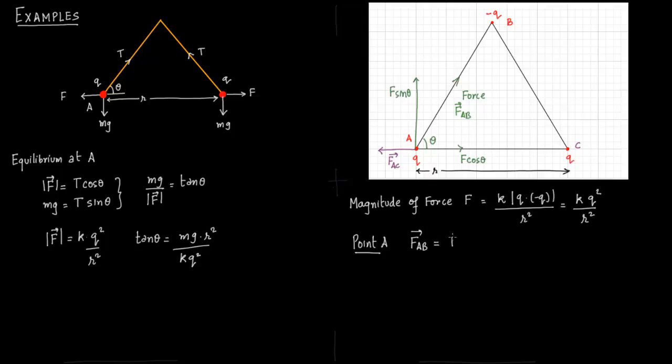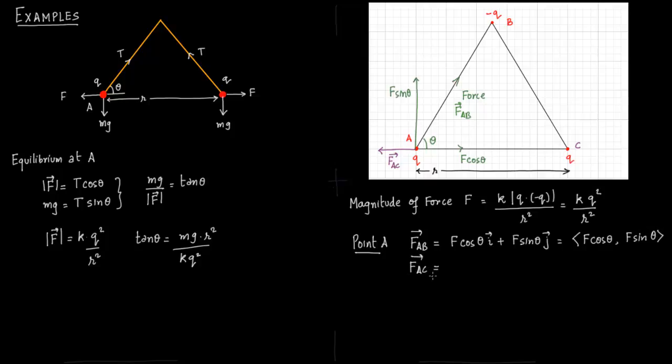Force AB vector has two components, F cos theta i vector plus F sin theta j vector. This we can write more succinctly as F cos theta, F sin theta within the angular brackets.